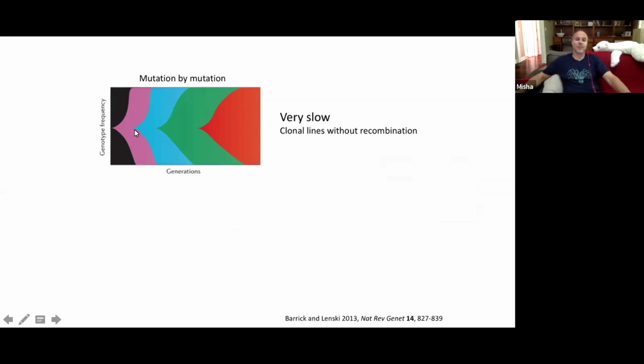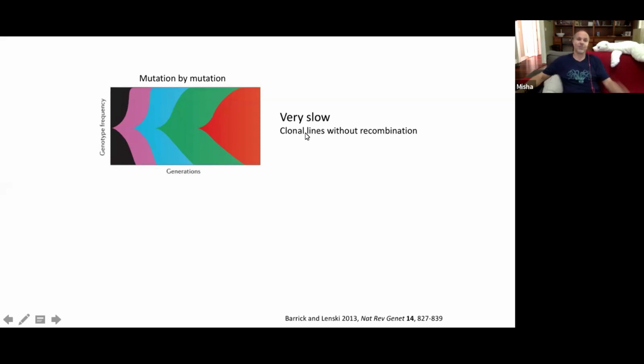And then nothing happens for a while until the next new beneficial mutation arises. And then this one spreads through the population, and so on and so forth, mutation by mutation, which would indeed be very slow, because you have to wait for the new beneficial mutations to arise every time. This would indeed be bad and slow.